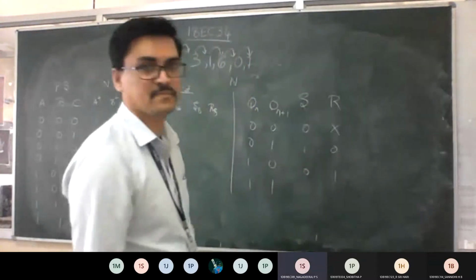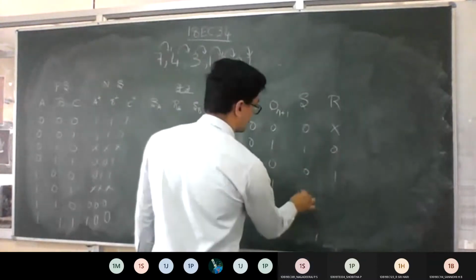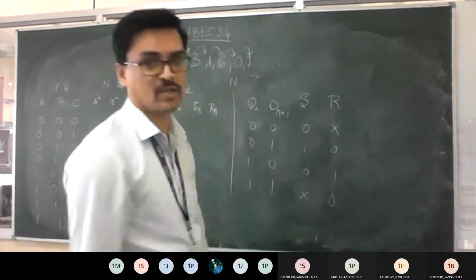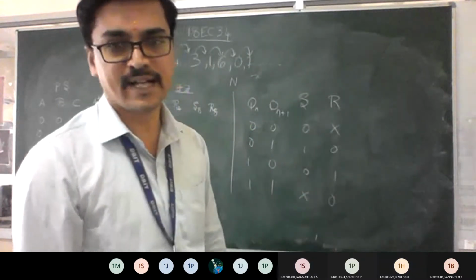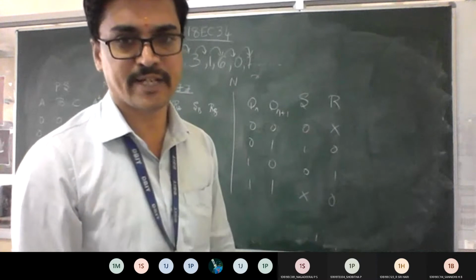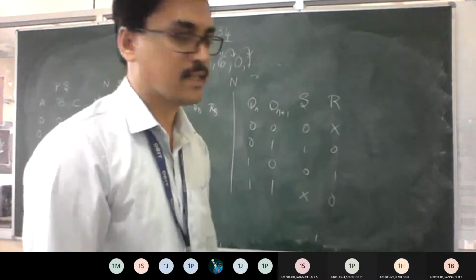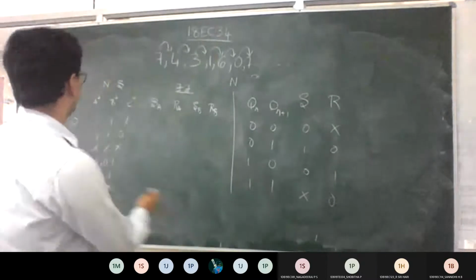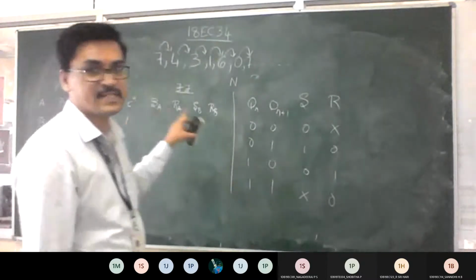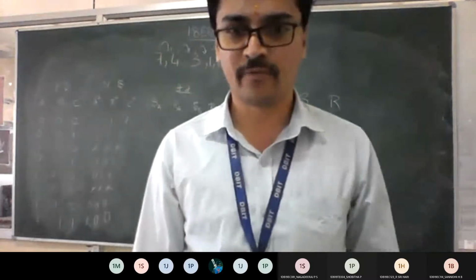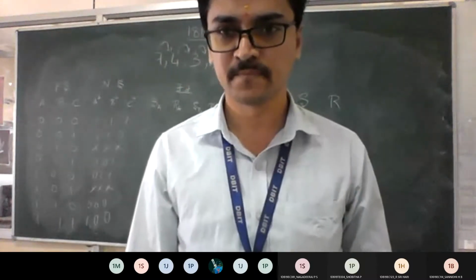Last condition: don't care, 0. Okay. So I think there is a slight change compared to SR to JK. Correct now? Yes, sir. So using this logic, you can combine A, B and C and fill the truth table and do the designing. I hope from here onwards you can do it, right?